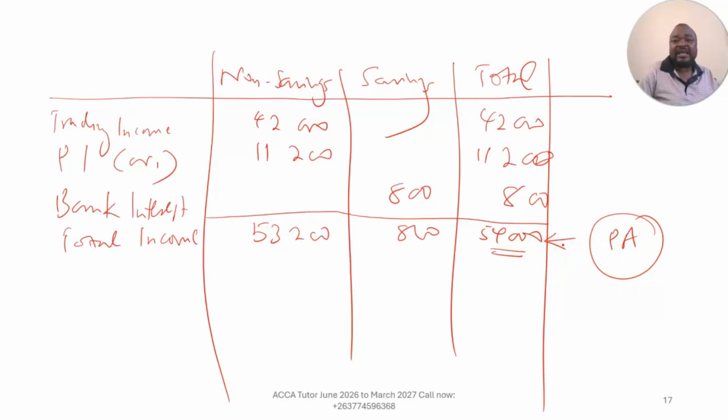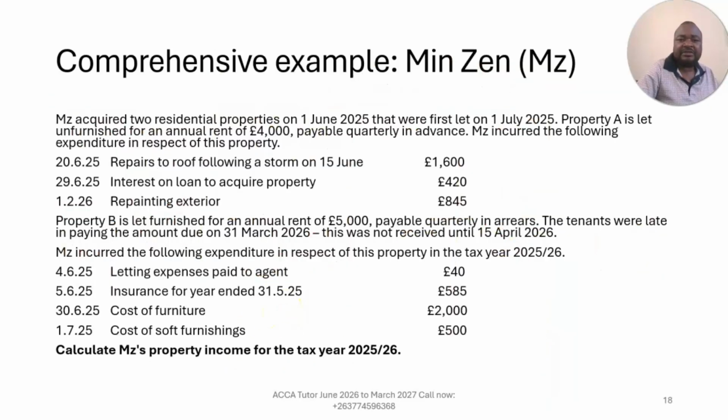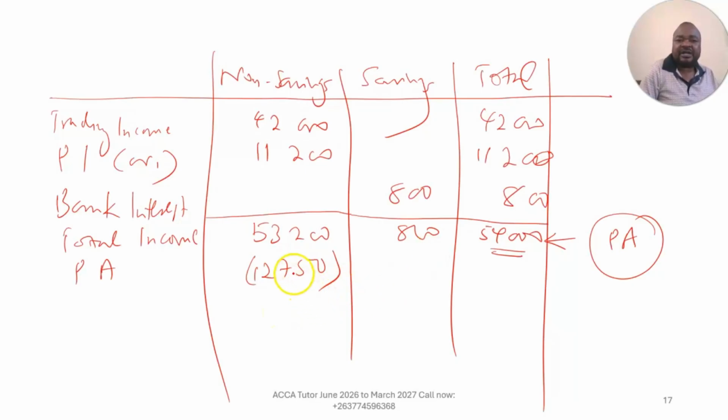If a person is having income of 100,000 or less, they are entitled to a personal allowance every year. So that personal allowance is 12,750 pounds. Let me just... It's actually 12,570.